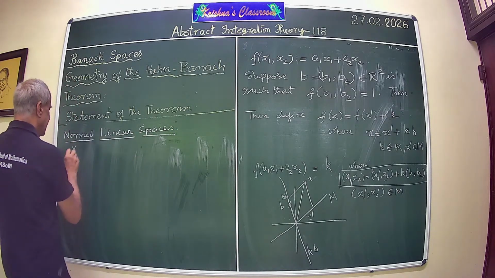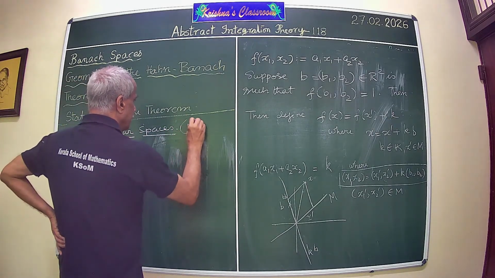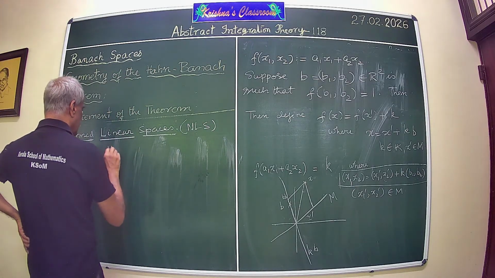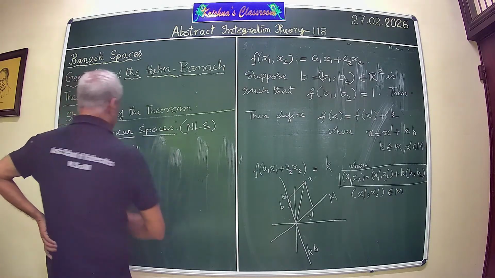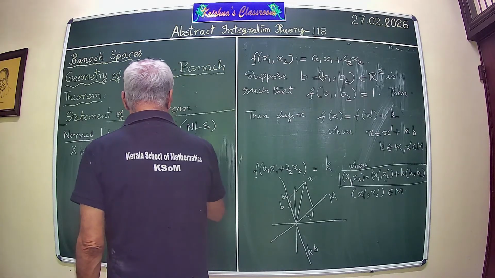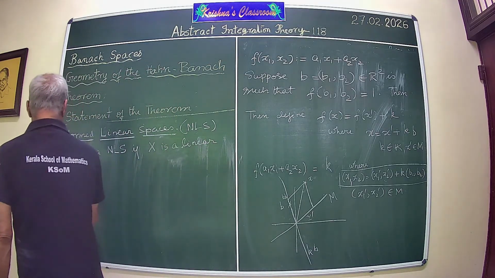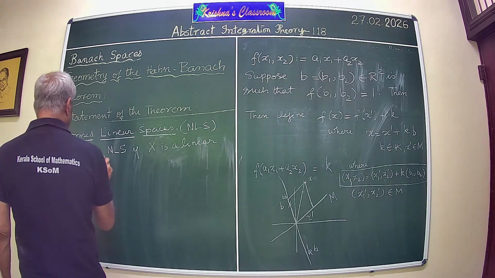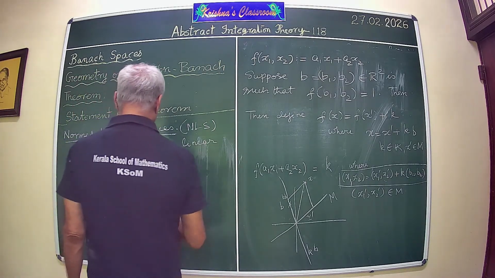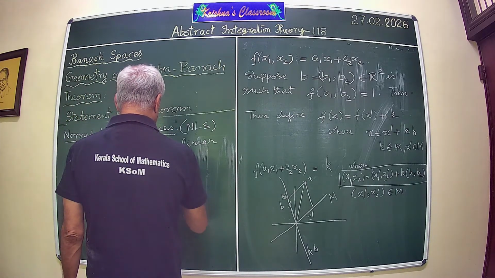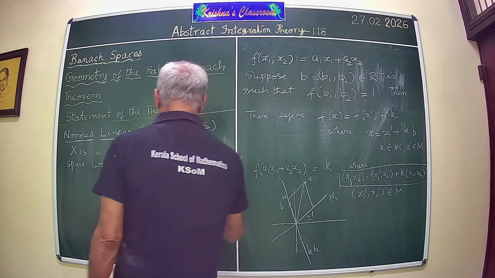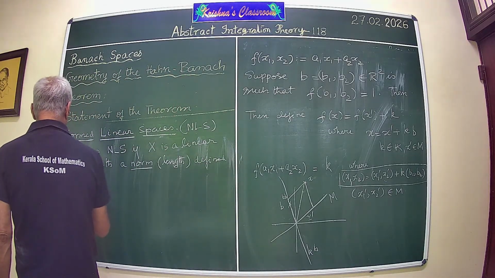So we say that X is a non-linear space if X is a linear space, form defined for each vector.